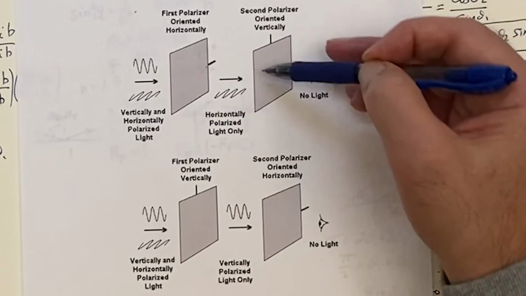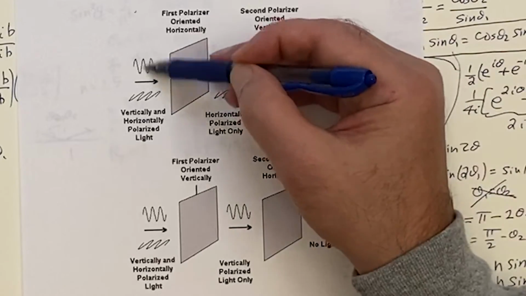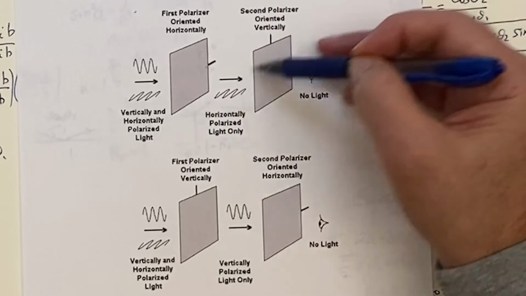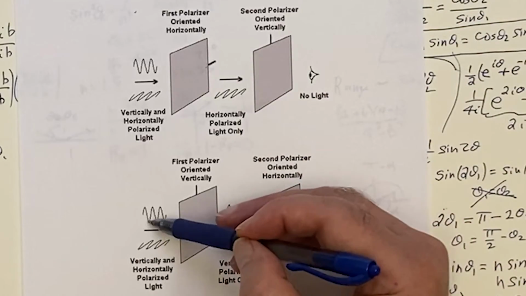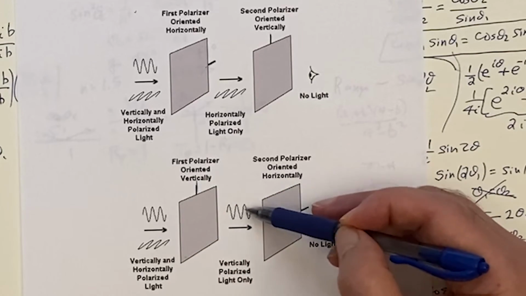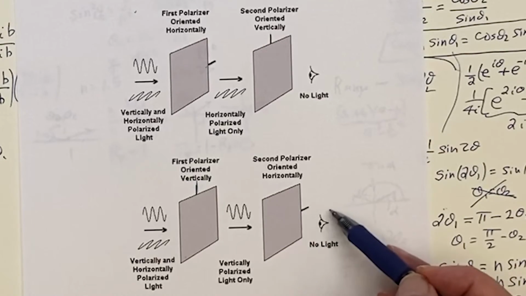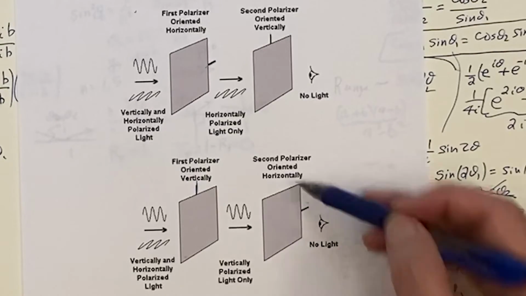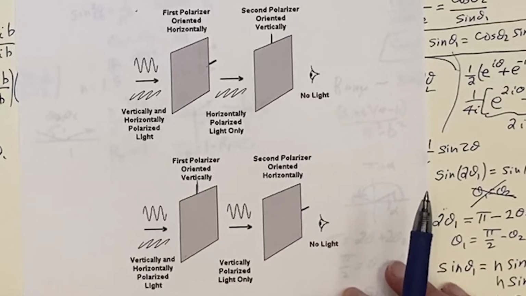Now, if you then turn it so that this one will only want the vertical, then since this is not vertical, you get nothing. And here, we're doing the same thing: orient this vertically, so the vertical one goes through. But then if you turn it like this, then you kill it. So if you had lined them both the same, then that same one goes through.